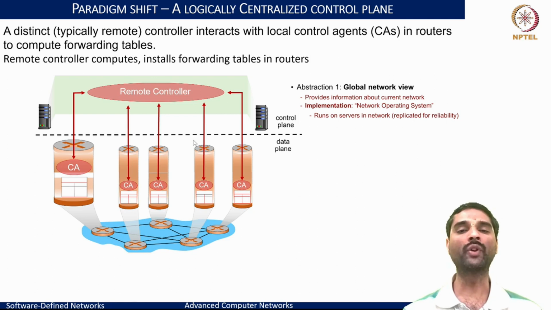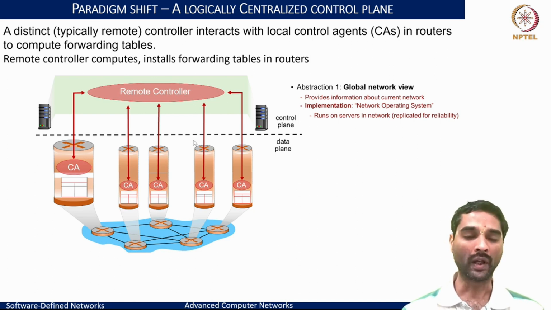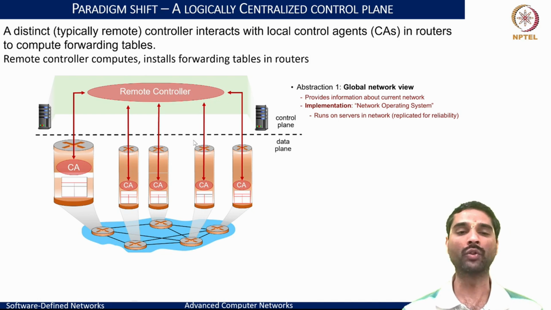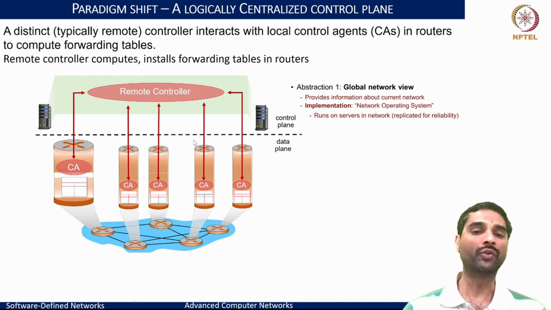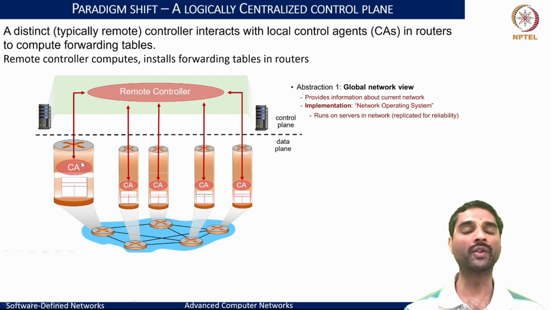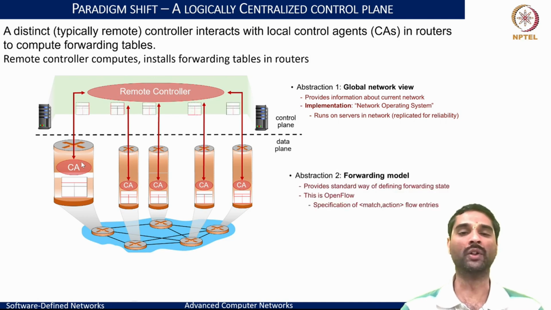At this point, if we have to plumb the forwarding table information back, we need a mechanism to put the information that is derived at the remote controller to be updated at each of the routers. And for that, we use these control agents, or controller agents, to which the remote controller can communicate and ensure that it can push the corresponding forwarding table.